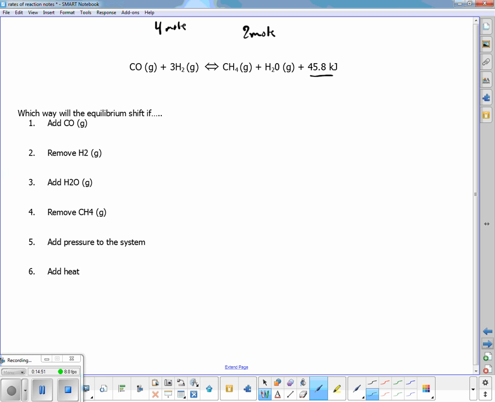So let's take and add CO2. Oh, I'm making a pile on this side. What am I going to need to do? What way is it going to shift? Nope, I'm adding CO2, or CO, carbon monoxide. I made a pile over here.